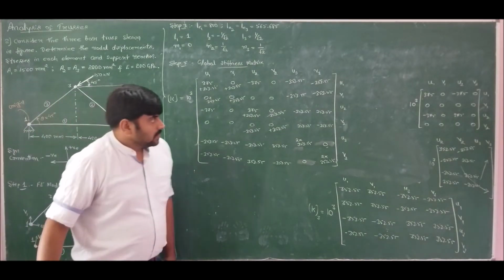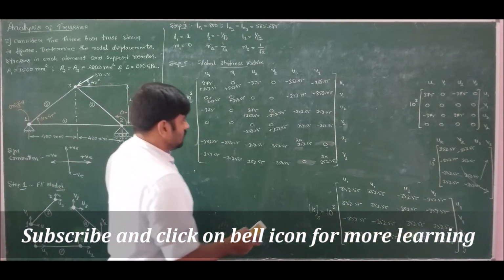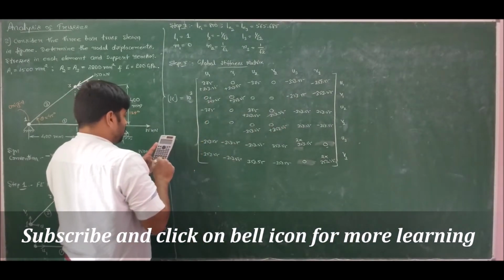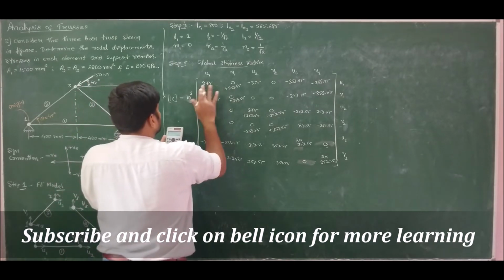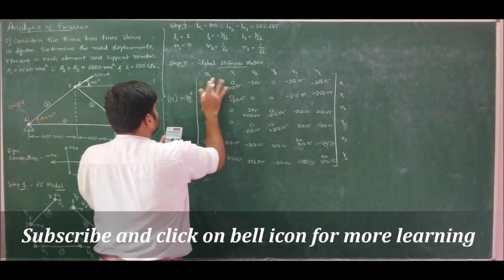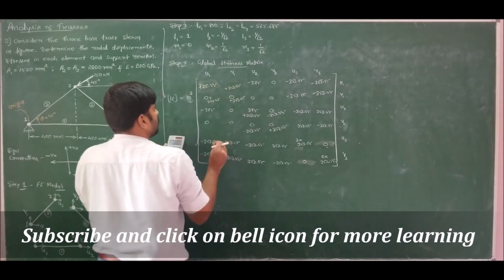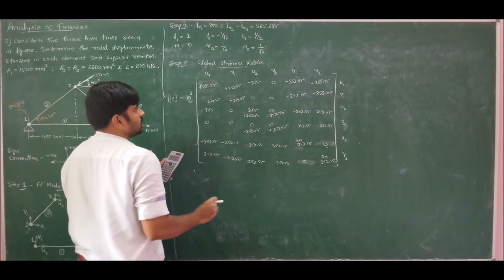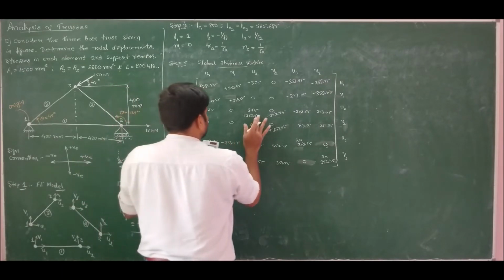Now, if I write it properly, I will get the answer as, now this term will become 375 plus 353.55, which is nothing but 728.55. This is 353.55. This is 353.55 and this is 353.55. And coming over here, it is 728.55.